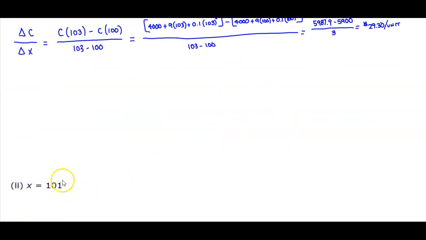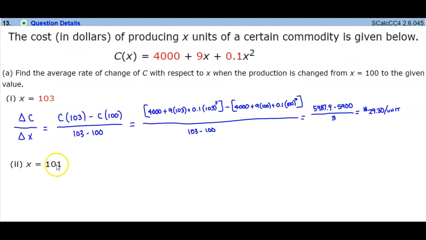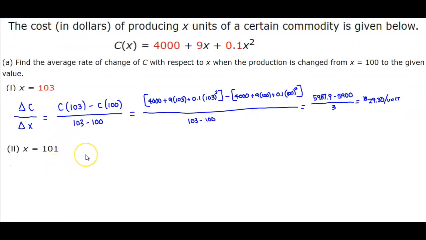Okay, now the next one is when X is equal to 101. So we're going to follow the same procedure. So again, we have the change in cost in dollars over the change in units X. So now we have C of 101 minus C of 100, divided by 101 minus 100.